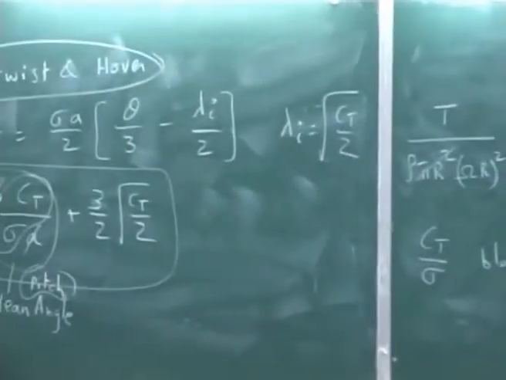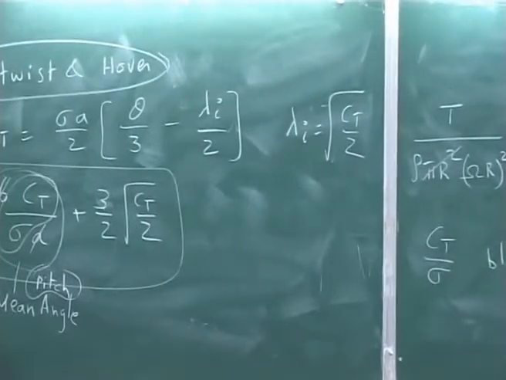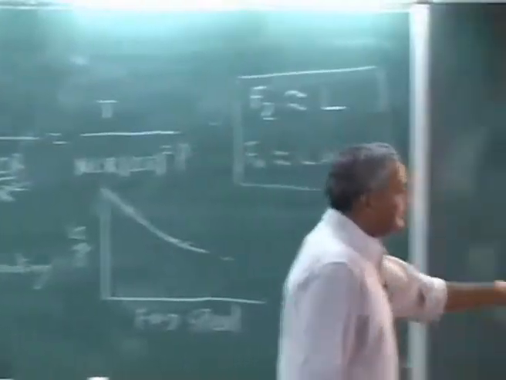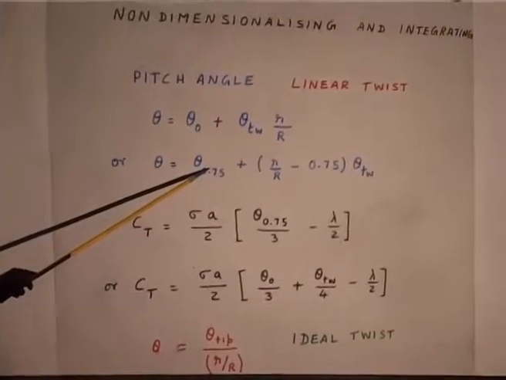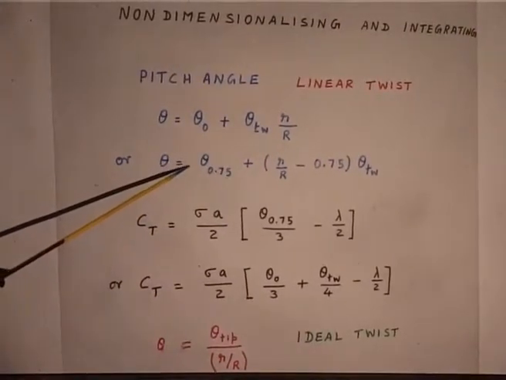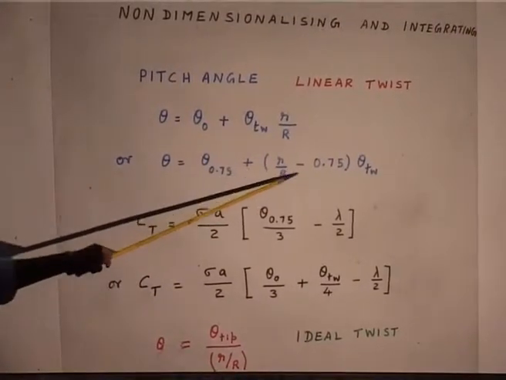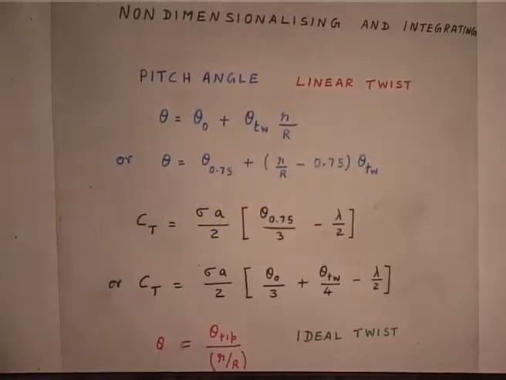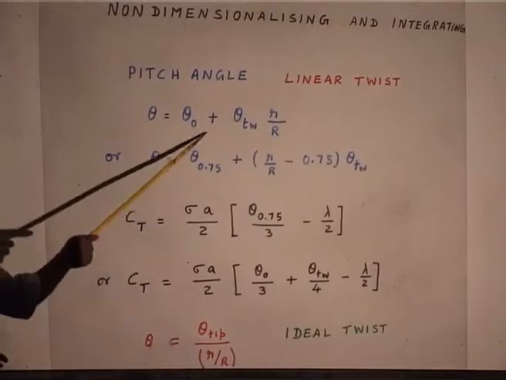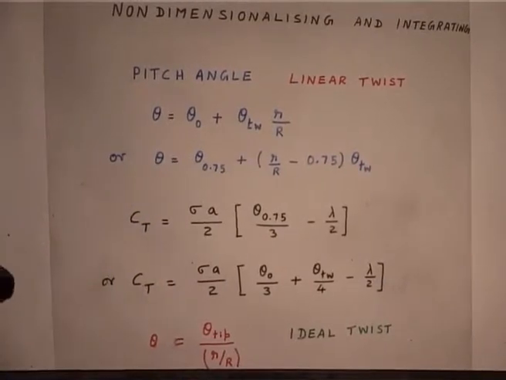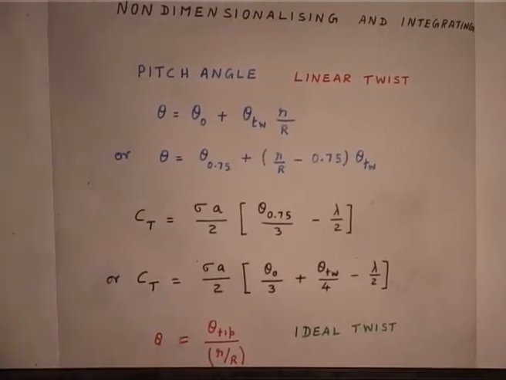Please understand, if I take 0.75 R as my reference angle, I am representing theta equal to theta 0.75 plus r over R minus 0.75 theta twist. This expression is basically same as this. I am putting it in a different form.